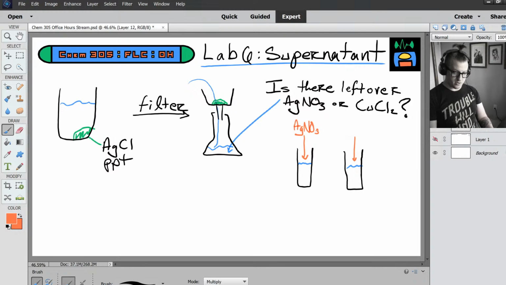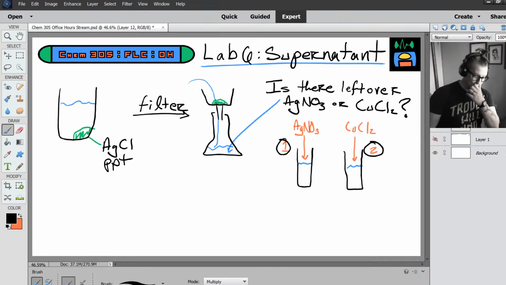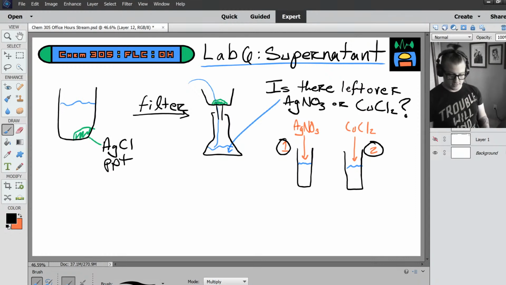To the other one, we're going to add copper chloride. I'm going to call this one number 1. I'm going to call this one number 2. All right, and we're watching.